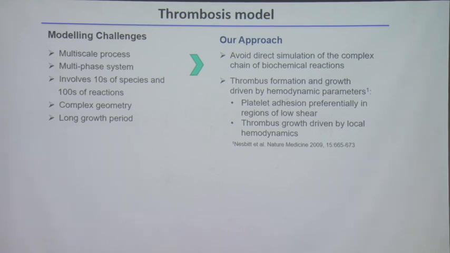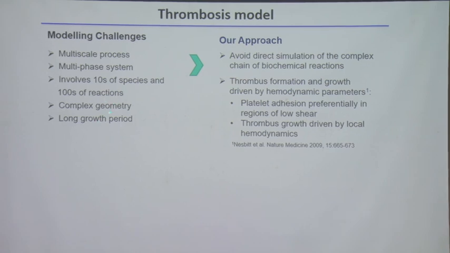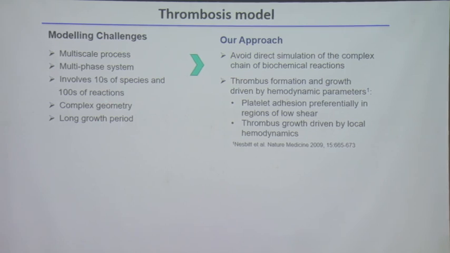Instead of modeling all of the more than 100 biochemical reactions involved and coupling that with the transport and the flow, which is not impossible but an extremely challenging task that would need a lot of resources and computational time, we are trying to avoid directly simulating all these complex chains of biochemical reactions. We focus on the key players within this clot formation process, and we simulate the thrombus formation that grows based on the hemodynamic parameters.